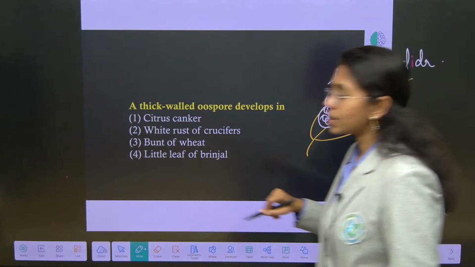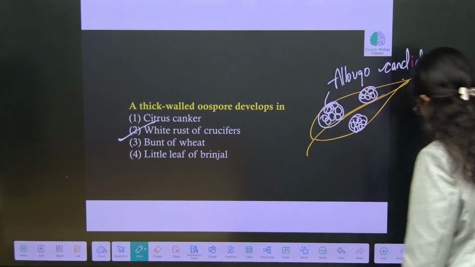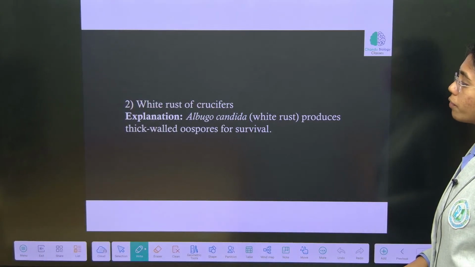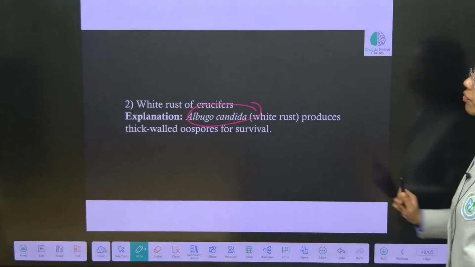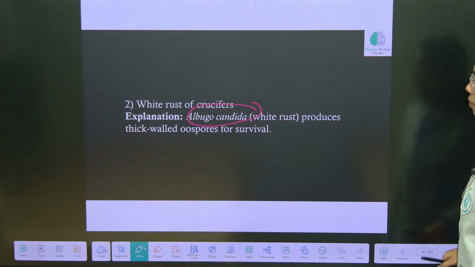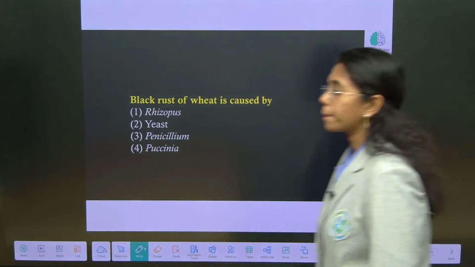Fine, which causes white rust of crucifers. Clear? Look into the theory once. White rust of crucifers, which is caused by Albugo candida. This is because of thick-walled oospores for survival. Next, black rust of wheat is caused by.